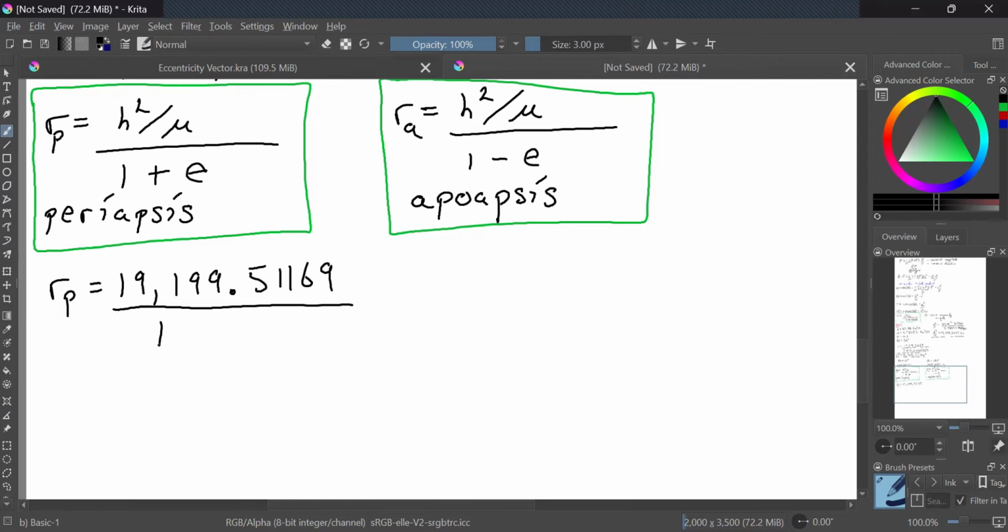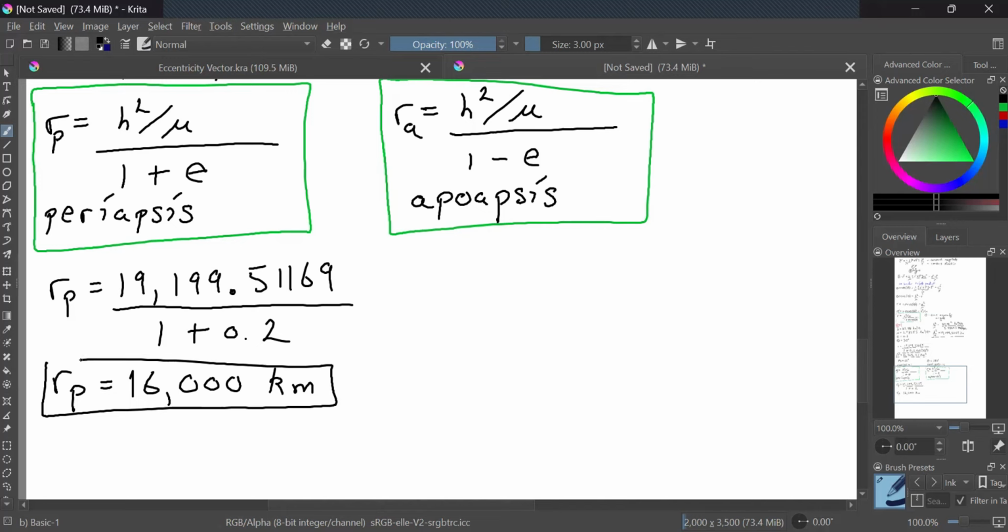Over 1 plus 0.2, which then becomes, if I round it to the nearest kilometer, 16,000 kilometers. It's very handy.